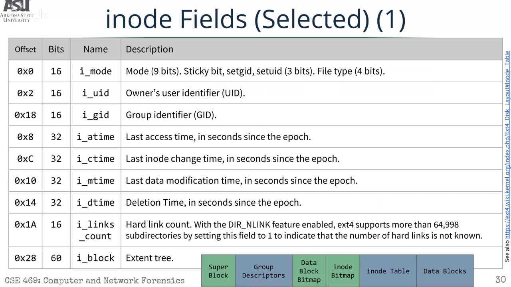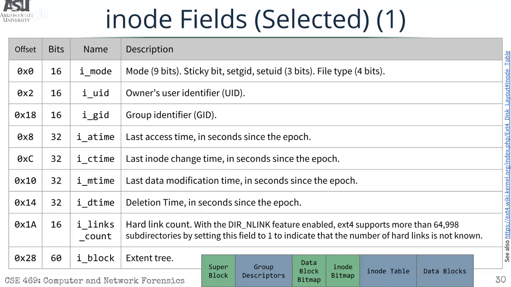Same thing with the file system forensics book. Okay, and there are important differences between ext3 and ext4, which again, we're going to talk about the details, maybe not today. But okay, let's talk about a few of these fields that are important for forensics.